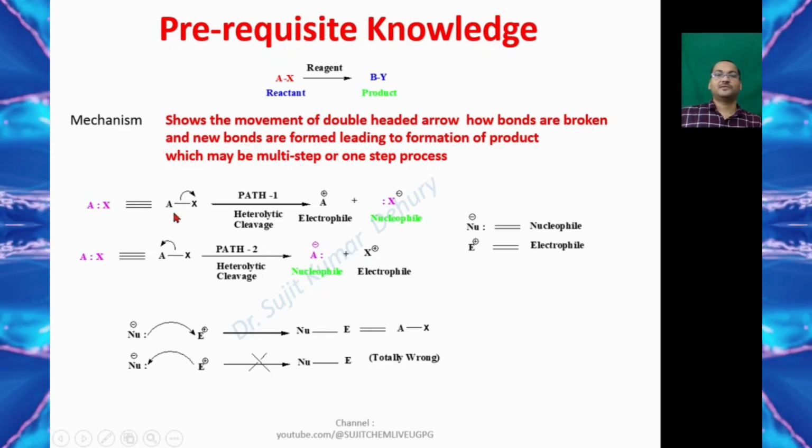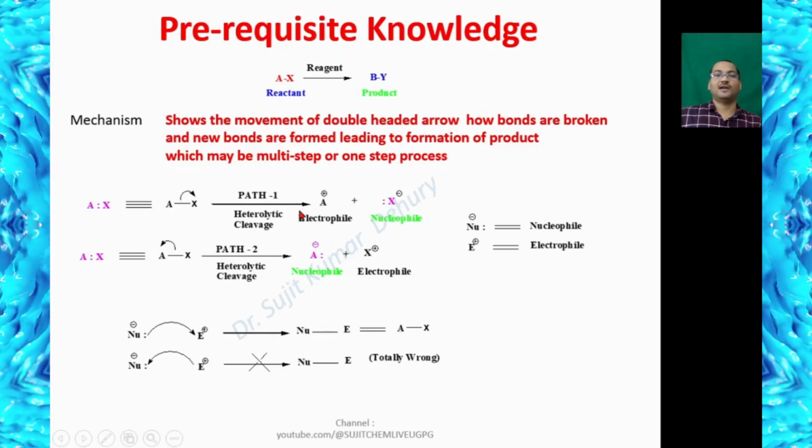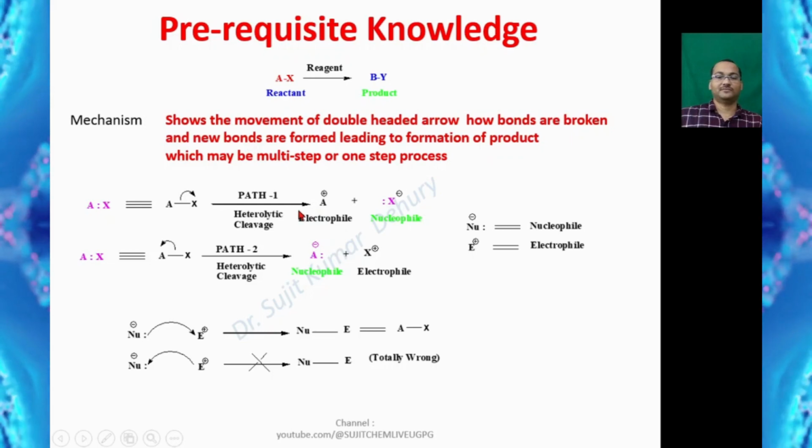Similarly, when this bond is broken, you generate an electrophile and a nucleophile, vice versa.